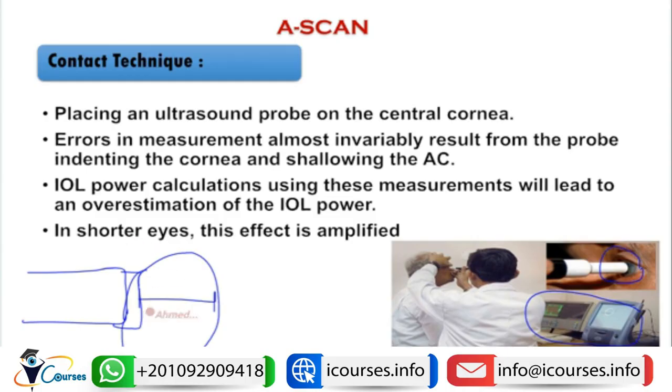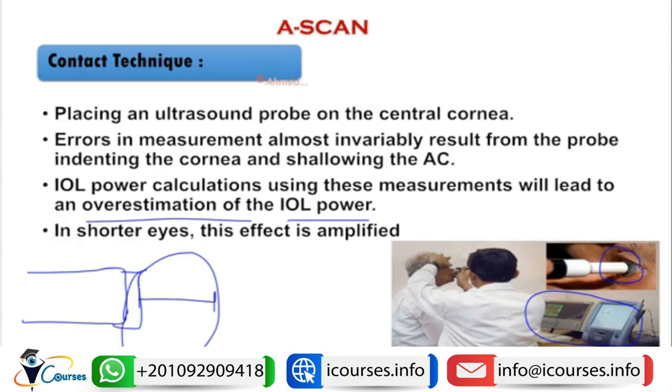So in order to compensate for this decrease of the axial length, the resultant power of the IOL will be high. So there will be overestimation of the intraocular lens power. And this is the problem with the contact technique of the A-scan. And of course, if the eye is shorter, this will lead to more amplification of this indentation problem.